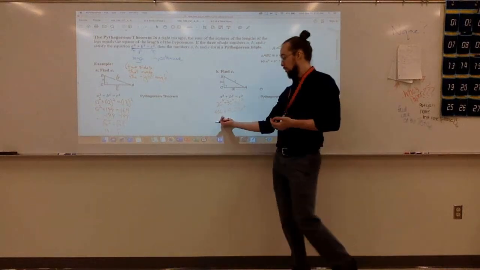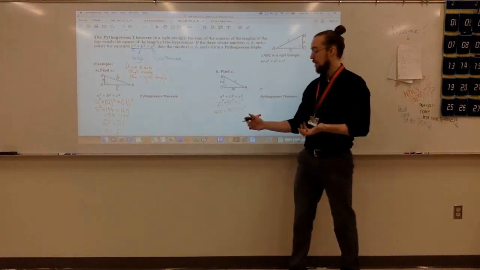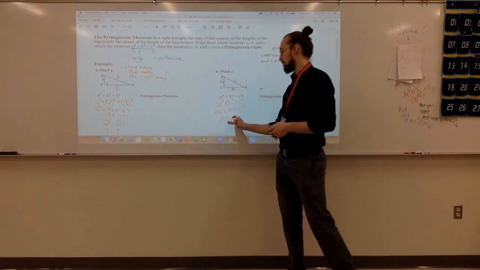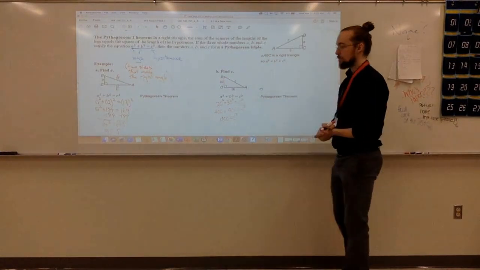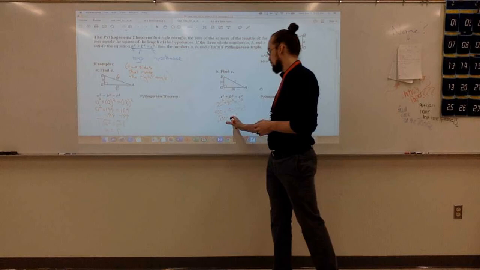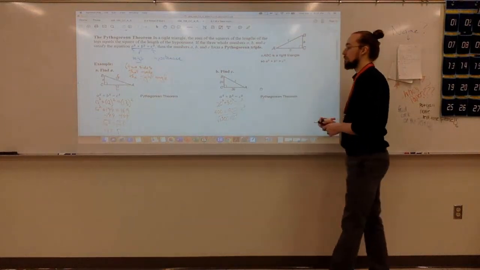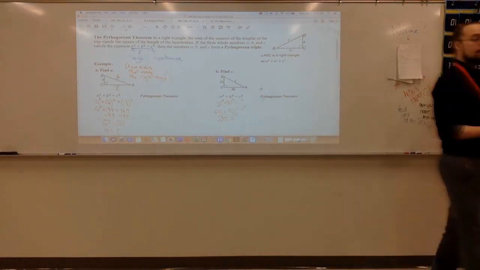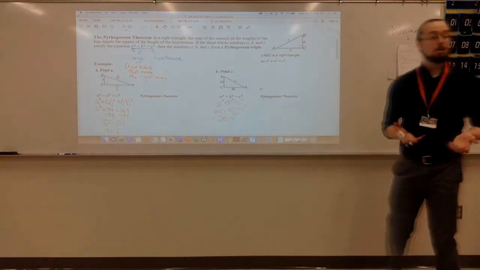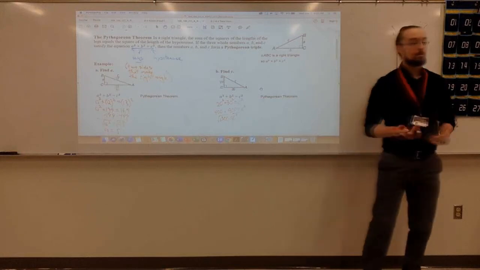In this case, these are already on the same side, so I can just add these together. I would get 1300. Again, just like the last problem, I would take the square root of both sides to get C by itself. Now 1300 isn't a perfect square, so we need to put this into the calculator and get a decimal. What is the square root of 1300?